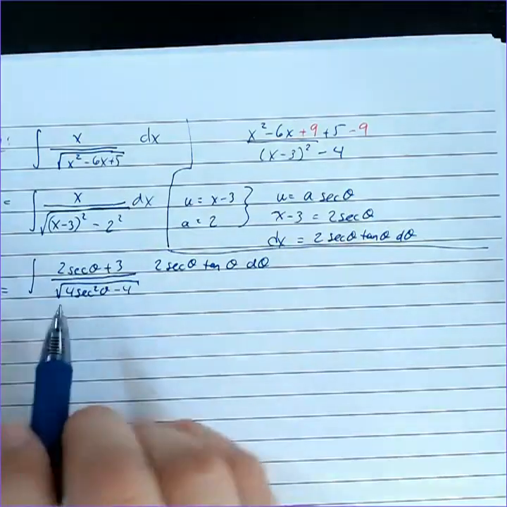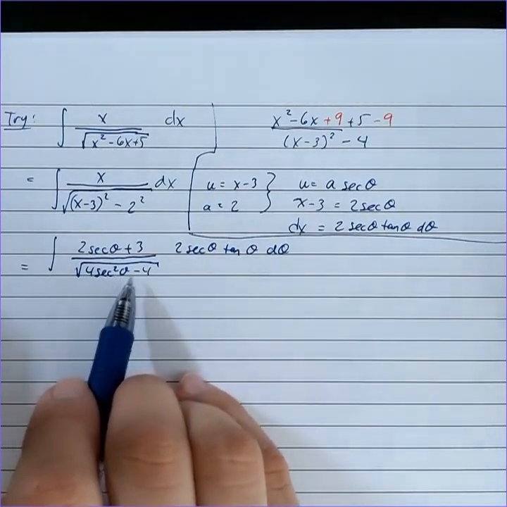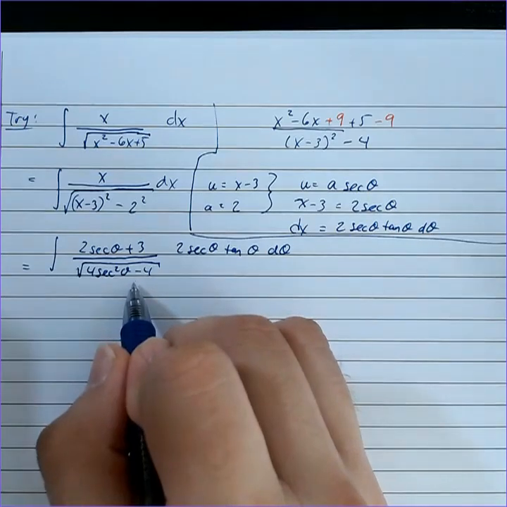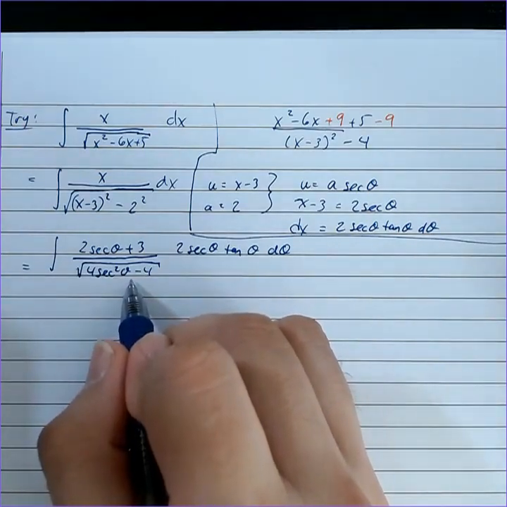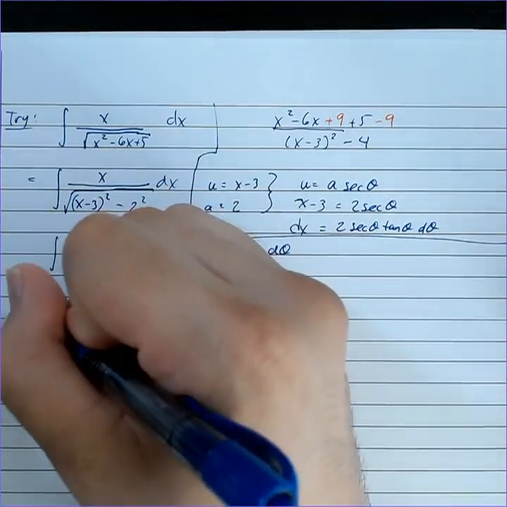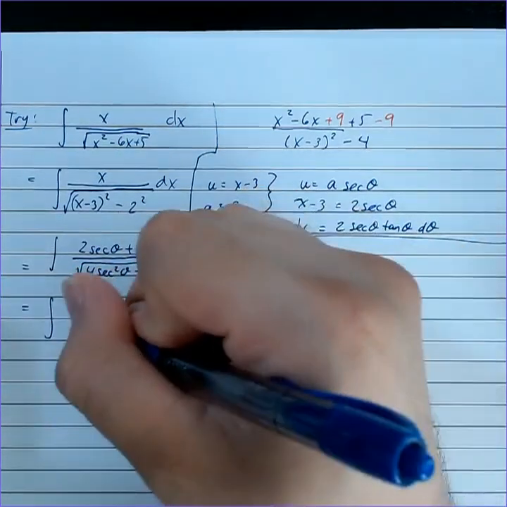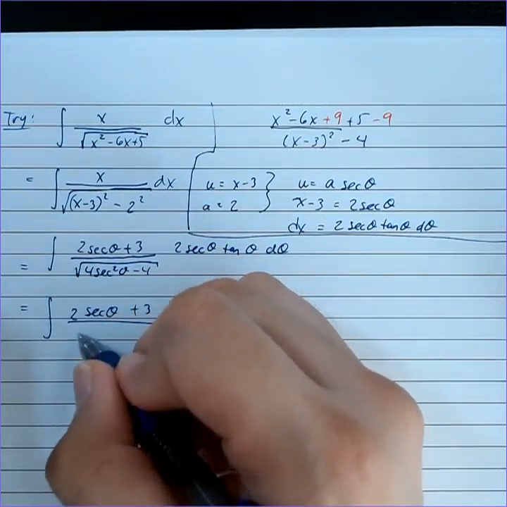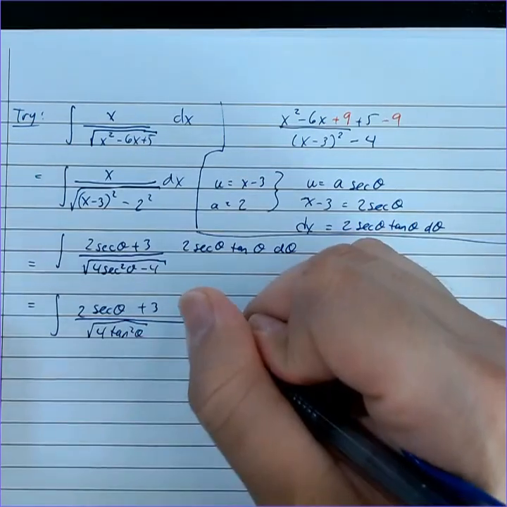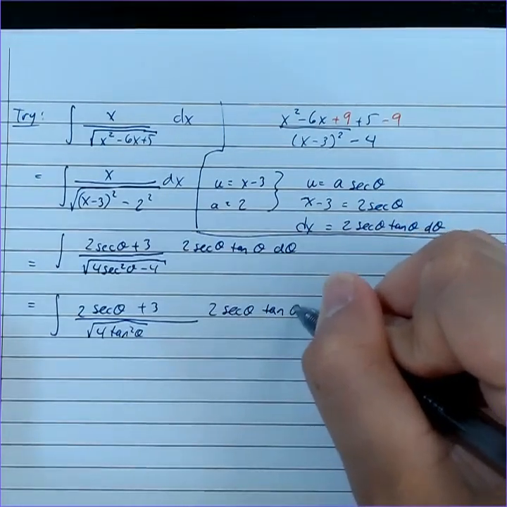Which looks like that. Here, we can factor out the number 4. That gives us 4 times secant squared of theta minus 1. And since secant squared of theta minus 1 is one part of the Pythagorean identity, we can replace secant squared of theta minus 1 by tangent squared of theta. So here we write that as 2 secant of theta plus 3 over the square root of 4 times the tangent squared of theta, times 2 secant of theta tangent of theta d theta.